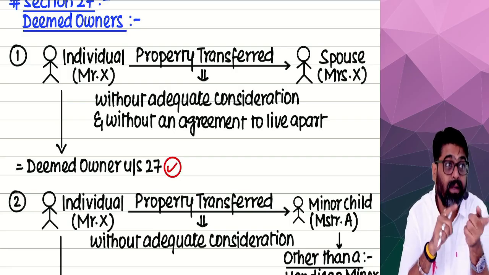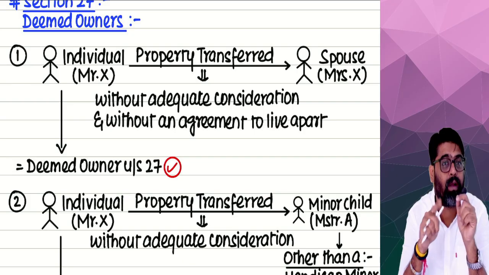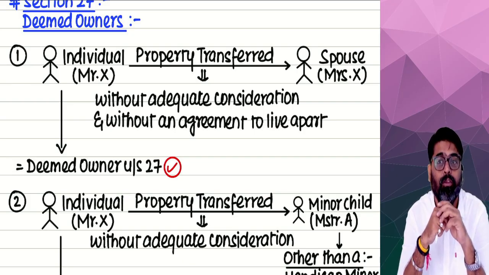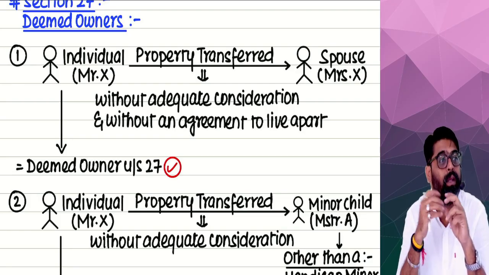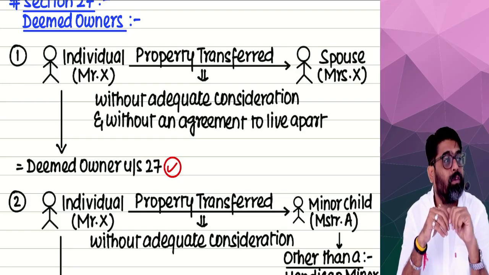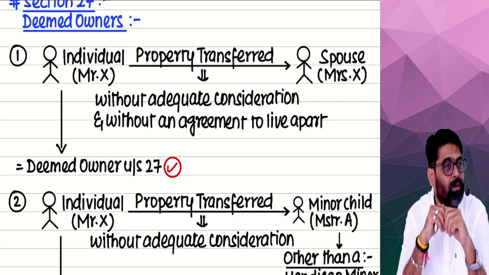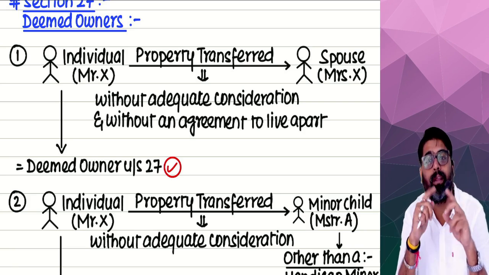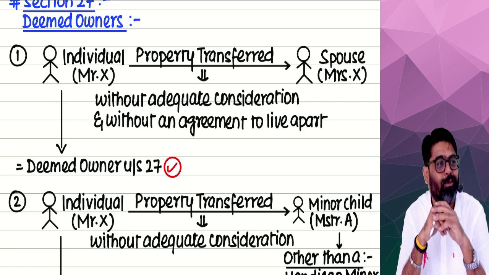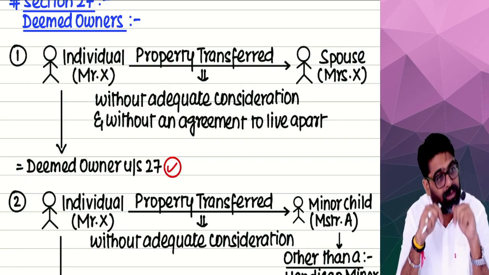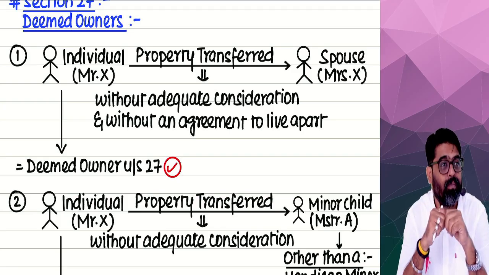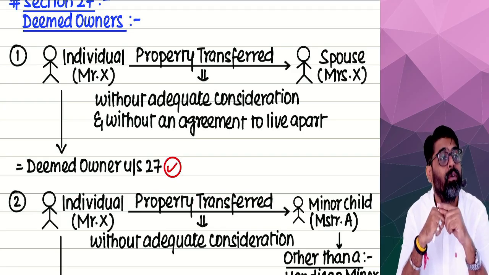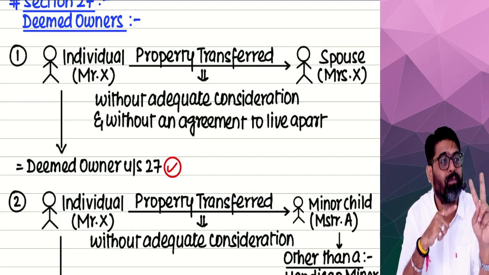Now to save that tax, what you have done? You have transferred the property on the name of your spouse. Now who is the legal owner? Your spouse. Who will earn the 5 lakh rupees? Your spouse. And in whose total income will the income be counted? Your spouse. Now this income will become the income of your spouse and will be taxable in the hands of spouse. 2,50,000 basic exemption.